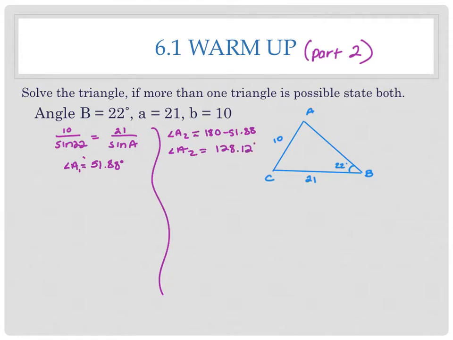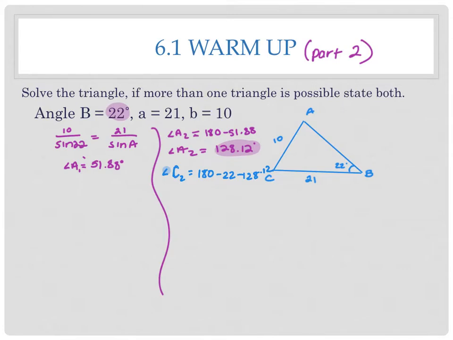Now, if you want to see if there's a second triangle, you're going to take your original angle that's here and this new angle, and subtract them from 180. If when you add those two it's bigger than 180, or you go to subtract and you get a negative number, now you know there's only one triangle and you're done with the second. But in a case like this, if I want to find the last angle, angle C, if I want to find C2, I'm going to do 180 again, minus the original, minus what I just found.